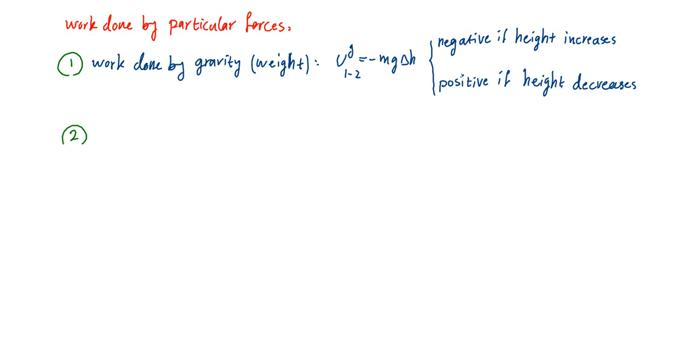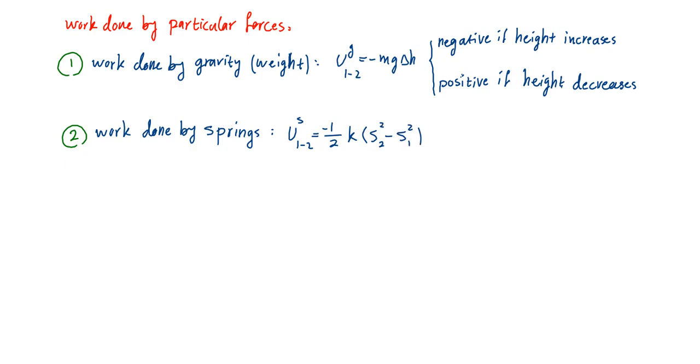So 2 is the work done by springs, and that is, well, work done from point 1 to point 2 because of the spring is minus 1 over 2, important, k times s2 squared minus s1 squared.